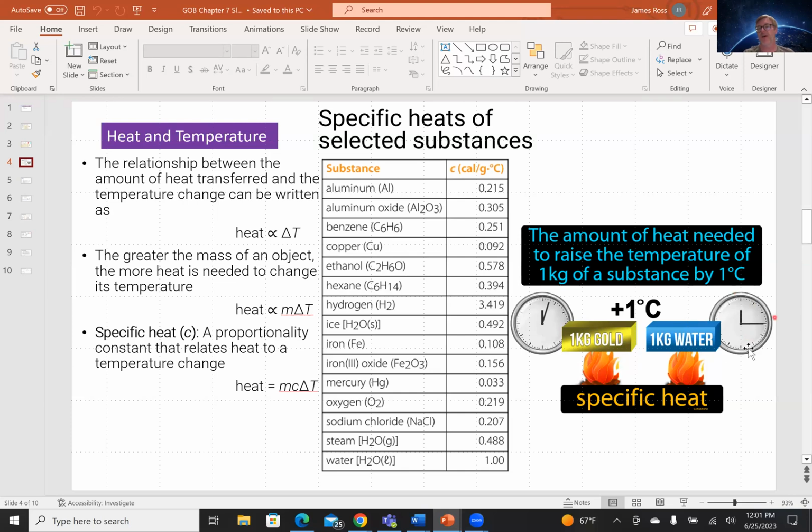So as you can see, the heat needed is proportional to specific heat, as we could see down here in the equation, because heat and specific heat are both numerators on either side of the equal sign, so they have a proportional relationship.